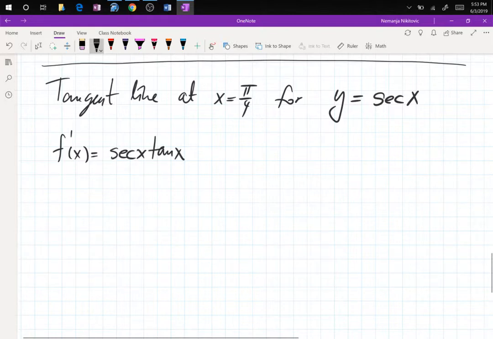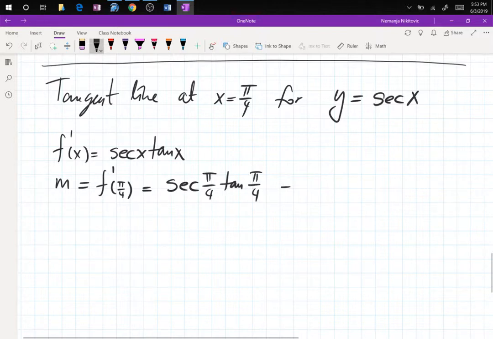Good. And then to calculate the slope, we plug in the point. So slope is the derivative computed at the point that we are interested in. So this is going to be secant of pi over 4 tangent of pi over 4, which is square root of 2 times 1, equal to square root of 2.